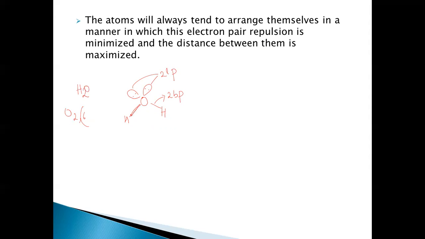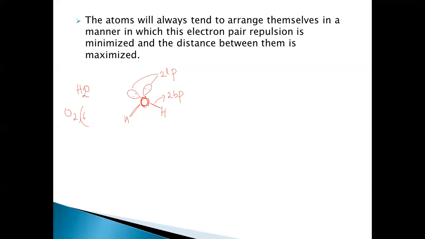So we've now come to the conclusion that the theory is all based on the repulsion between these electrons, the repulsions between lone pairs and bond pairs of electrons. As these lone pairs of electrons present on the oxygen occupy more space, they are held only to this oxygen atom, under the influence of only this oxygen atom.